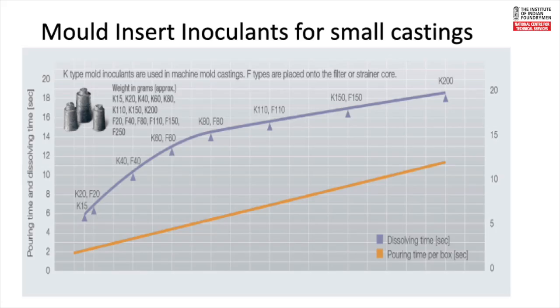Couple of graphs on this. I have picked it out of the literature given by ASK. In fact, long ago I happened to visit this plant which produces these cast inoculants, mold inserts as they call it.